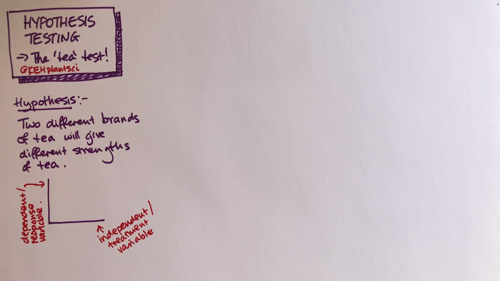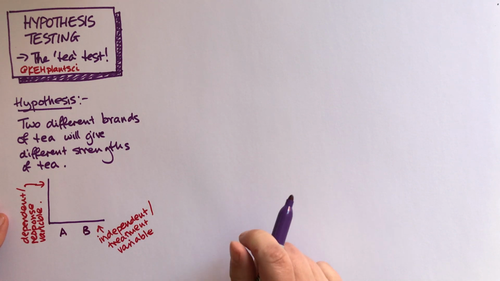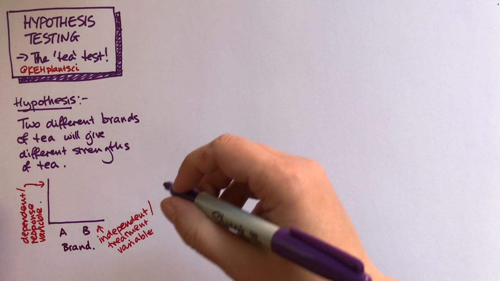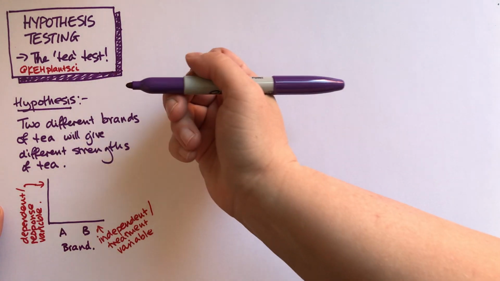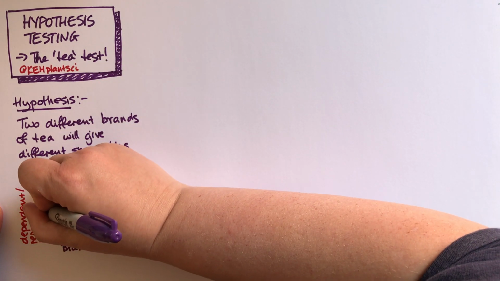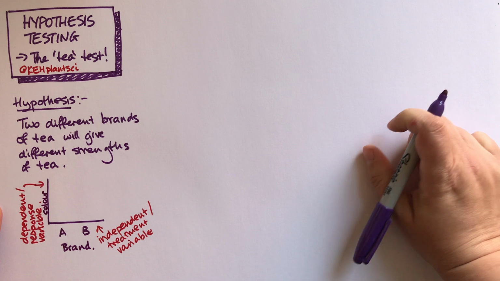Okay, so in this case, if I've got two different brands of tea, let's just call them A and B. Those are going to be my independent variable. Those are my treatments, the two different brands. And then on the y-axis is the thing that I'm going to measure, which in my case is going to be colour of the tea.